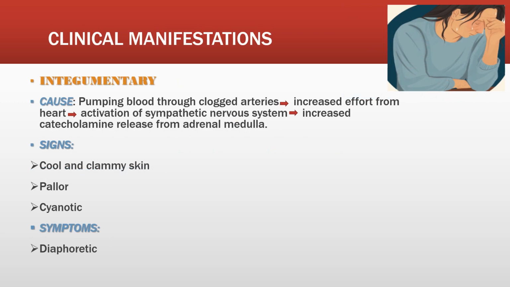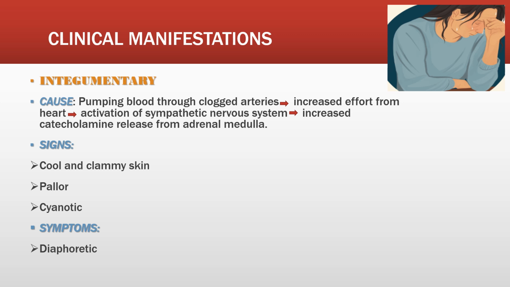Integumentary, that is your skin. What symptoms or signs do they produce, and why does it happen? Because the pumping of blood is happening against clogged arteries, that is your blocked arteries. So that is leading your heart to put in more effort. It's trying its best. Our body has been so beautifully created that whenever there's an issue, it's fighting to settle it down within itself.